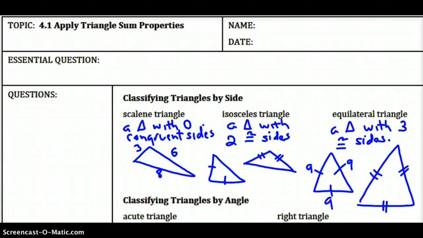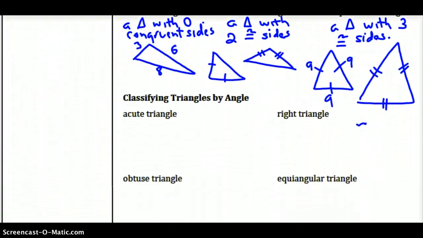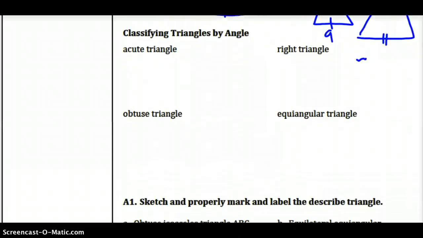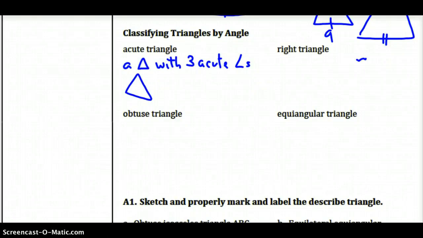Moving on in terms of angle classification. An acute triangle is a triangle with three acute angles. Again, notice some shorthand there. Okay? So again, a kind of standard one here where they all appear to be acute.